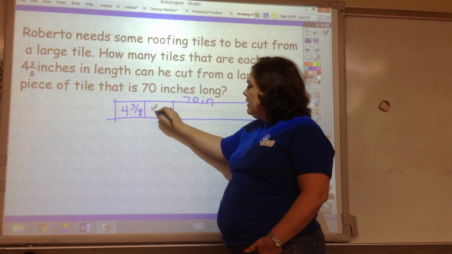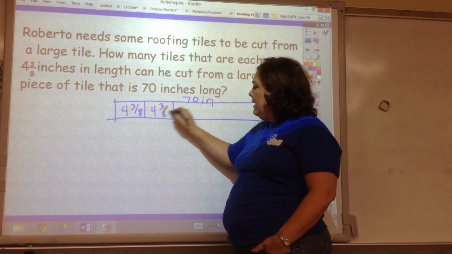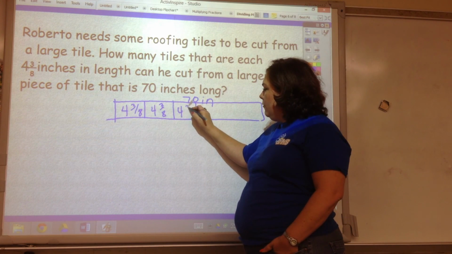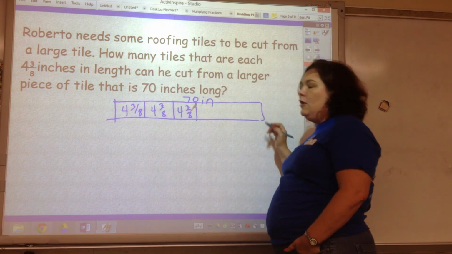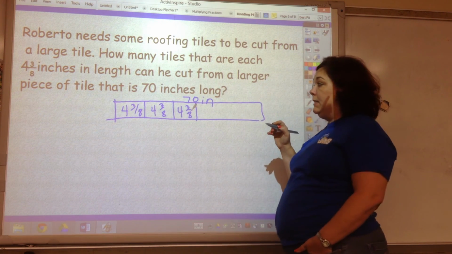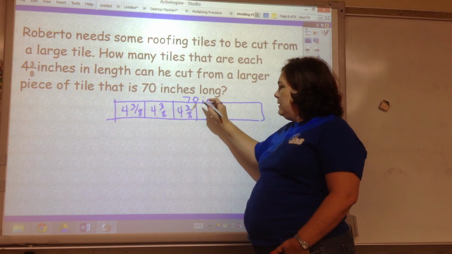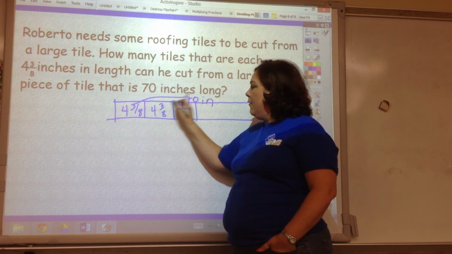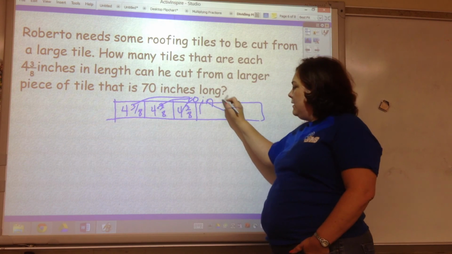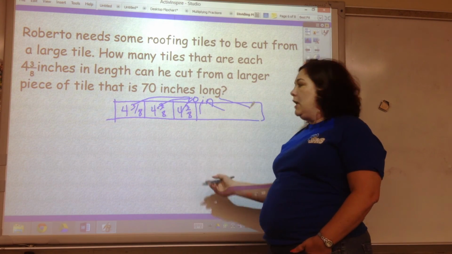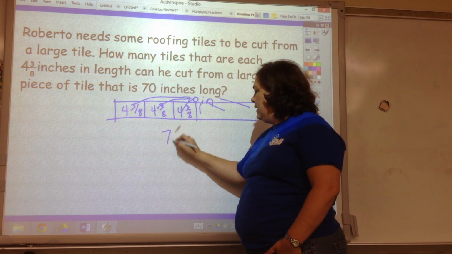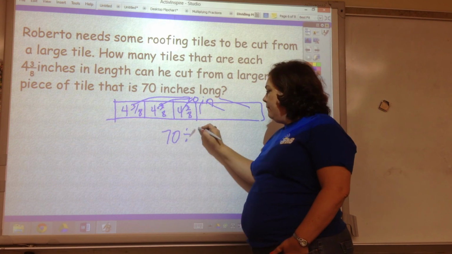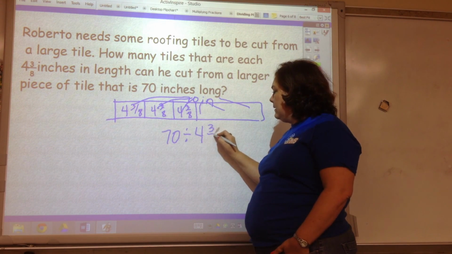So we could do this and keep adding up until we got to 70, but that would be a lot to do. So 70 is divided by this amount to tell me how many tiles. So 70 divided by 4 3/8.